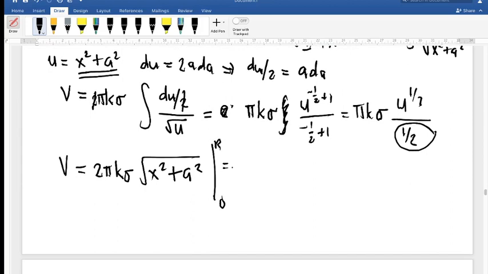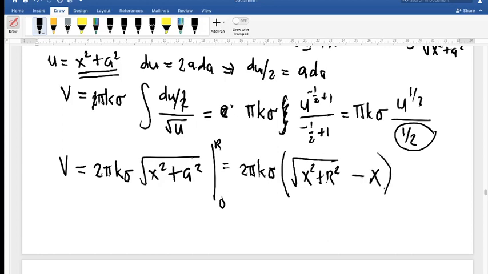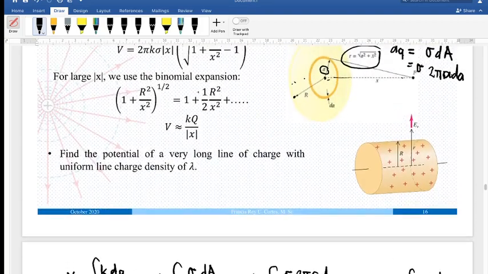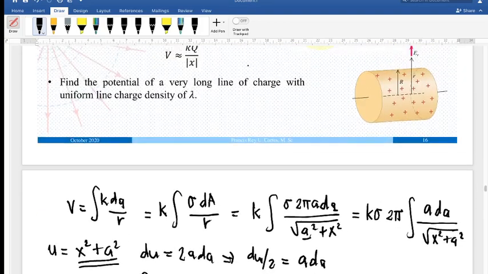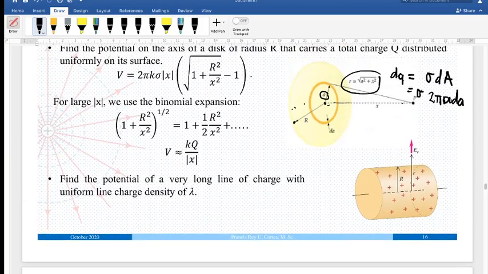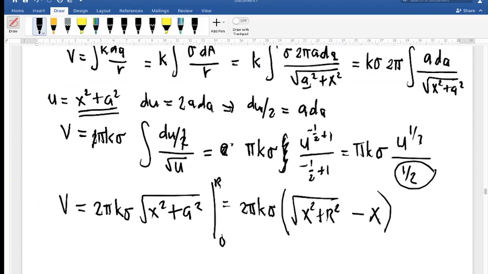So we have 2 pi k sigma times the square root of x squared plus R squared, minus, with a equal to 0, just x. You can actually provide an expression here just like this, and you can do it yourself.